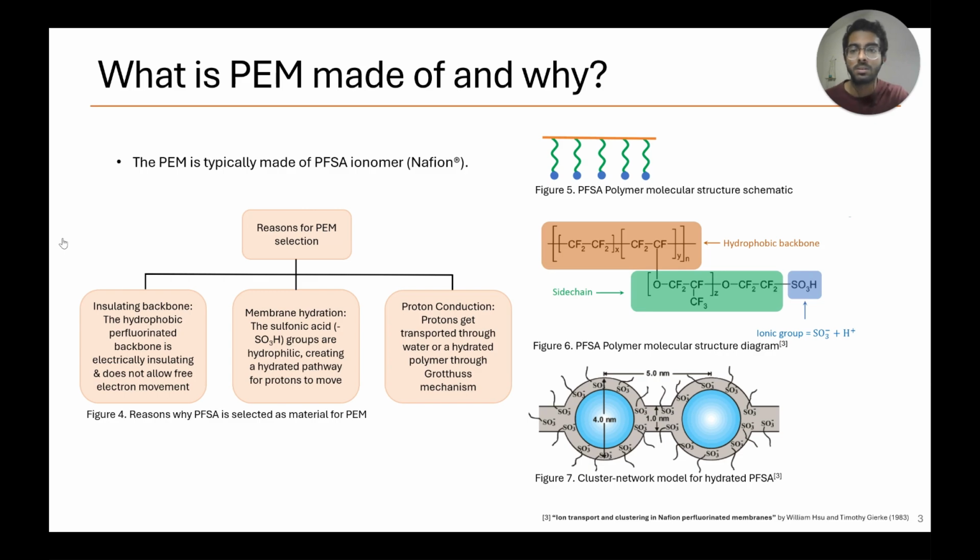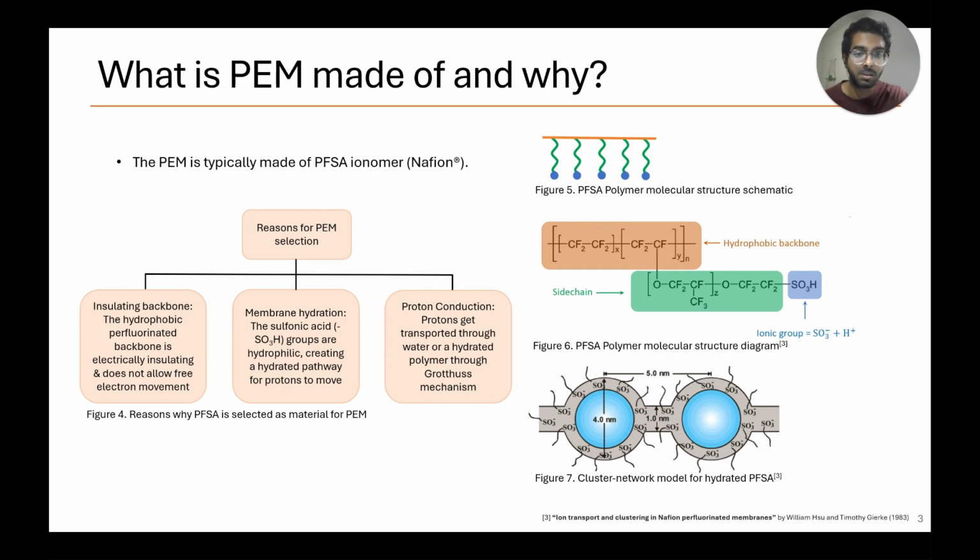As I mentioned before, the membrane or the PEM is made of PFSA, that is perfluorinated sulfonic acid. Now, I have the molecular structure of PFSA on my right side. As you can see, highlighted in orange is the hydrophobic backbone.